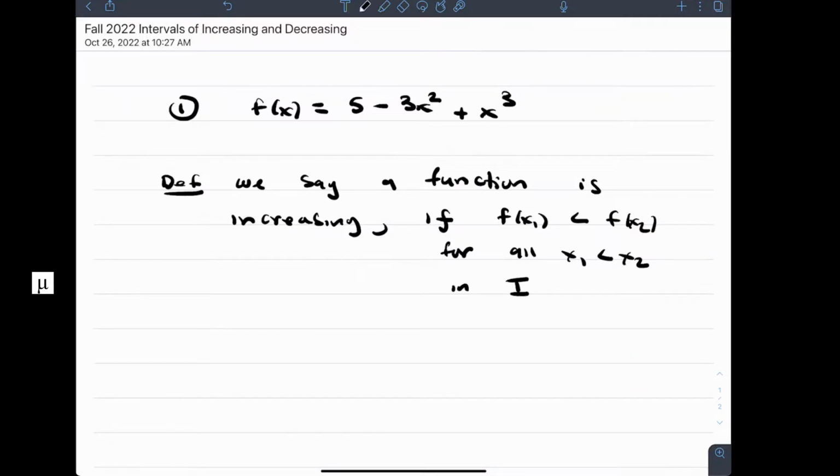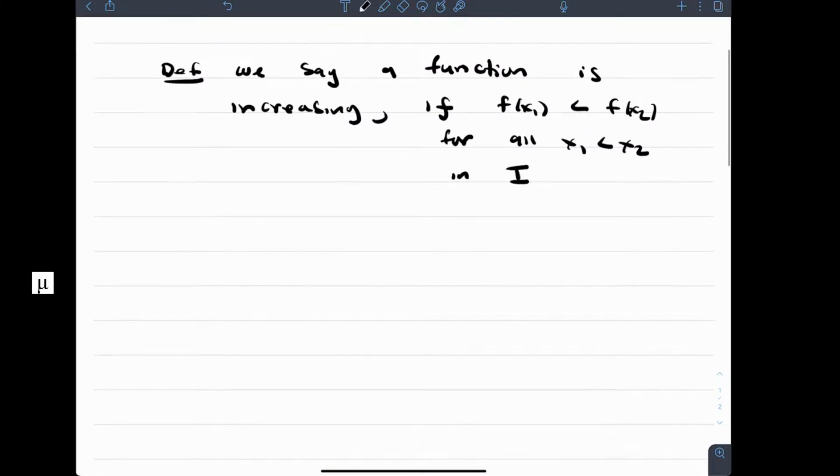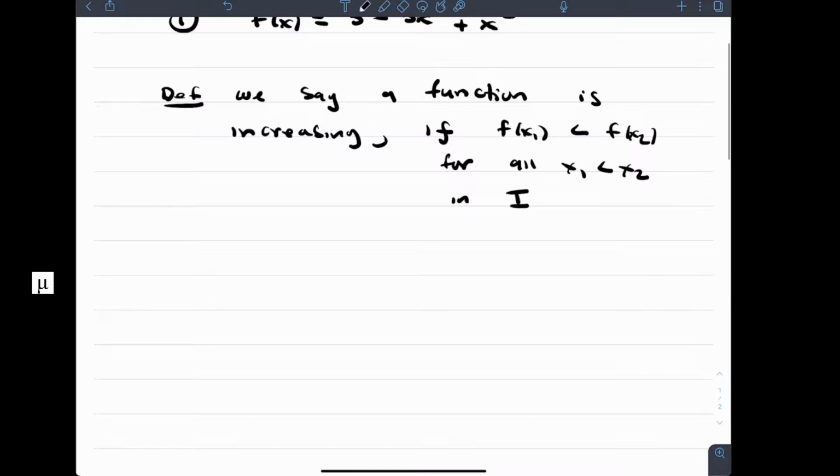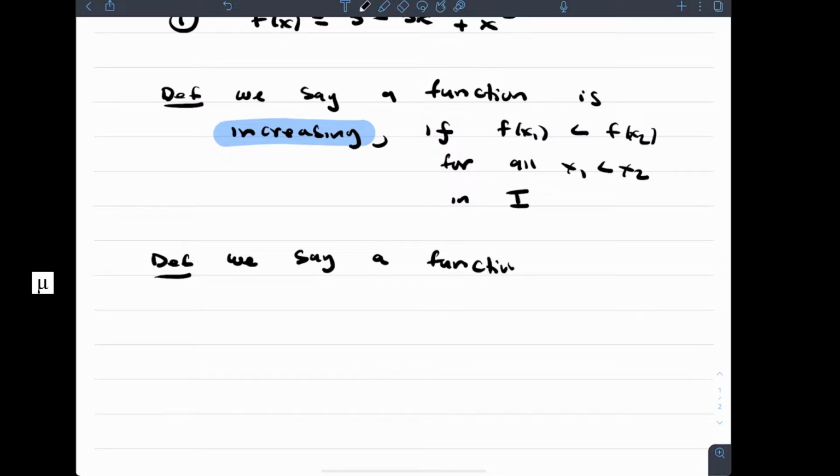All right, so we're going to have to talk about what this means. And this is what we mean by an interval that's increasing. The function's increasing over the interval. And compare that to the following. We say a function, I'll call that f, is decreasing if we have the following.